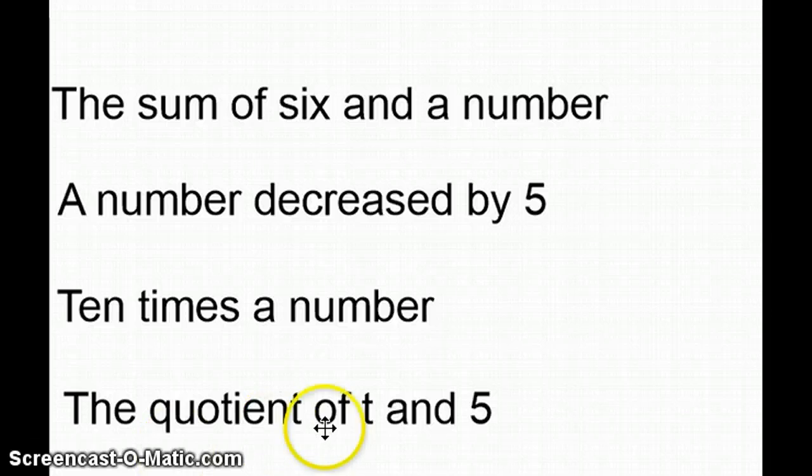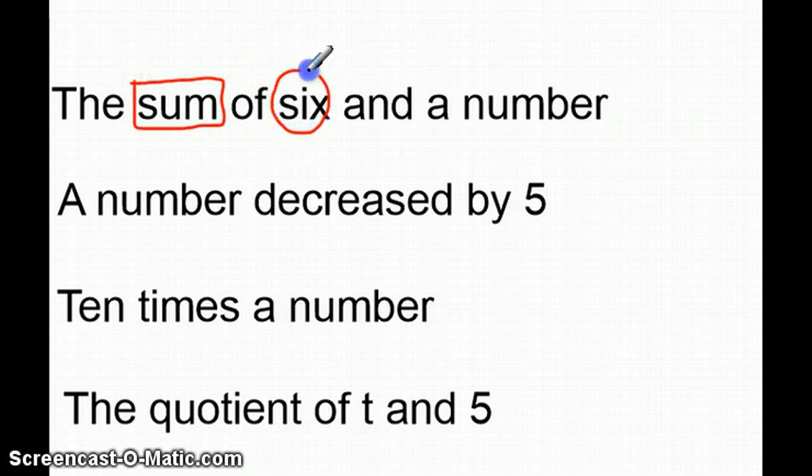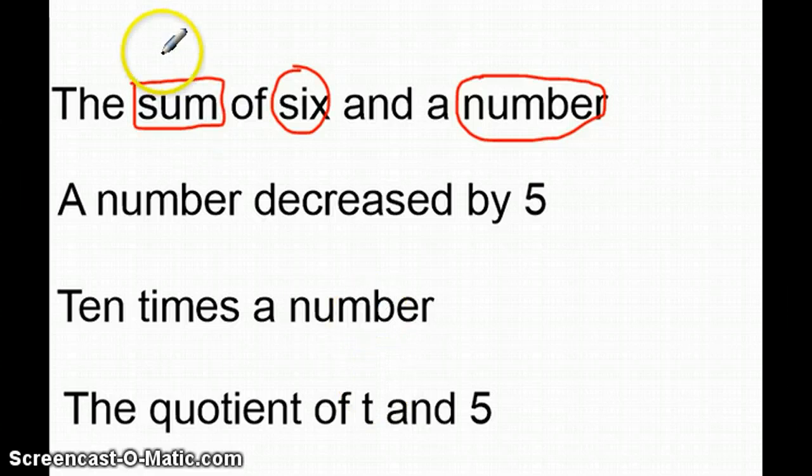Okay, let's jump into examples. So, we have the sum. Sum is one of those key action words that we described of 6 and a number. Okay, so now we have to go back and say the sum.